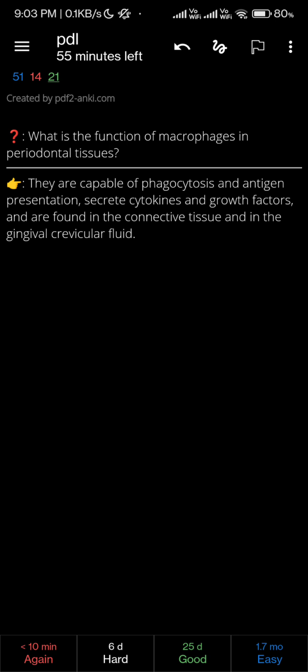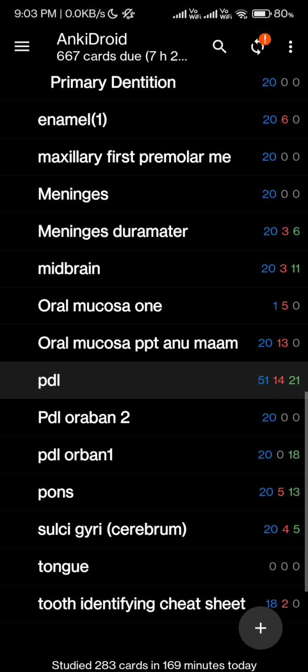And where are they found? They are found in the connective tissue and in the gingival crevicular fluid.